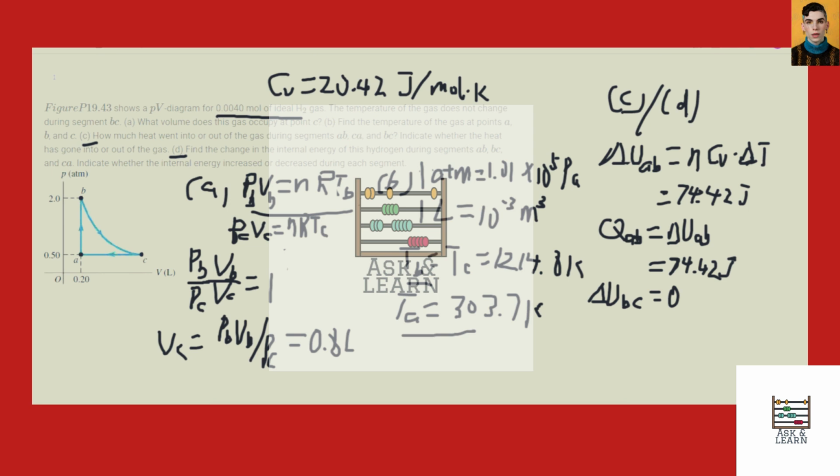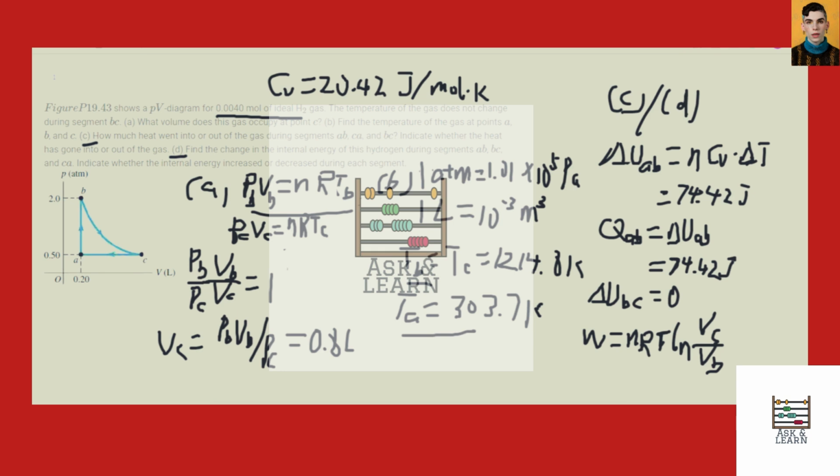For the work, there's a formula in your textbook for constant temperature: nRT times the natural log of V final over V initial, which in process BC is V_C divided by V_B.